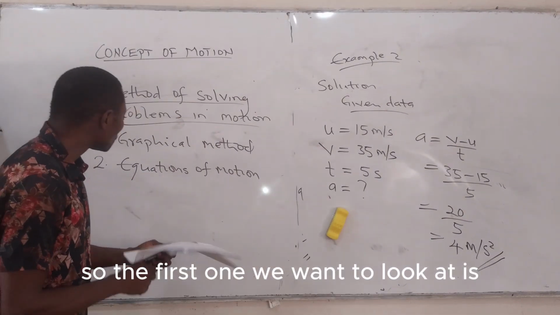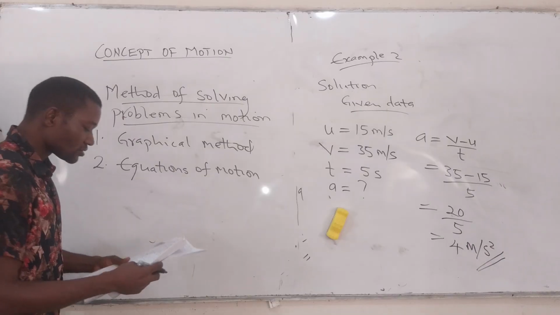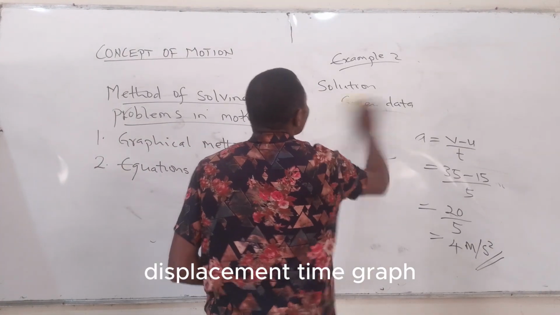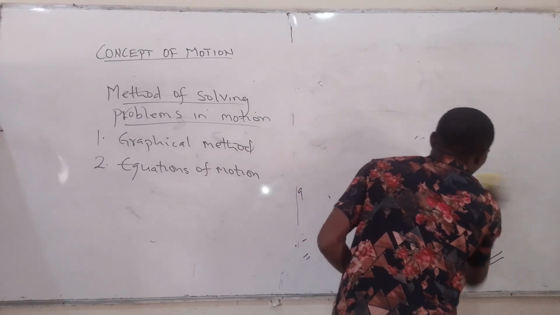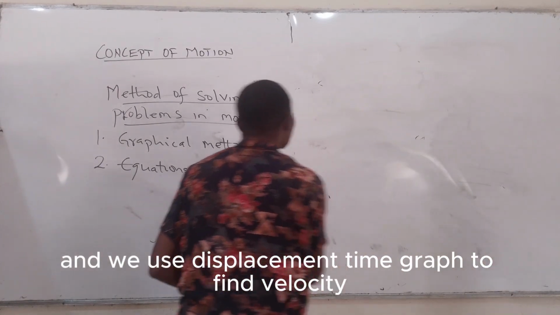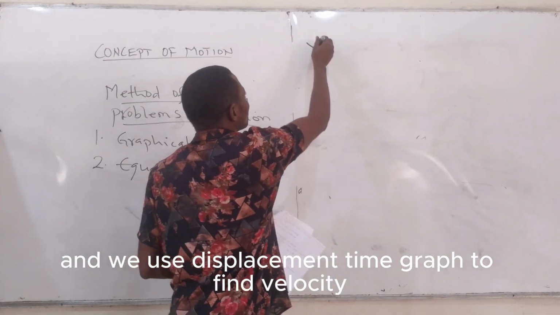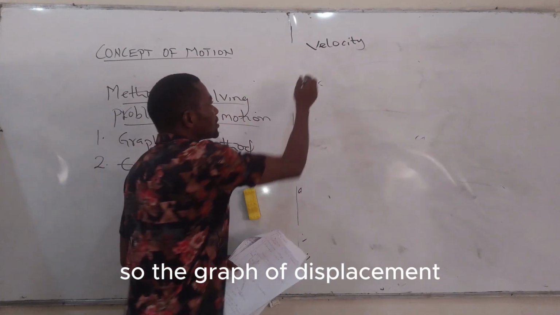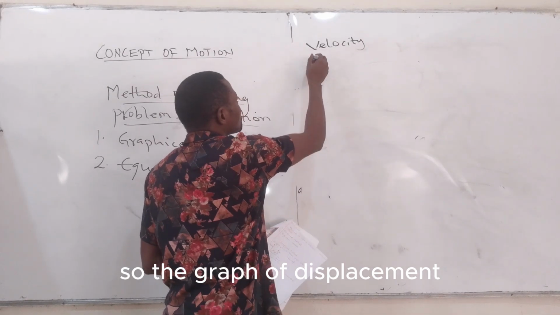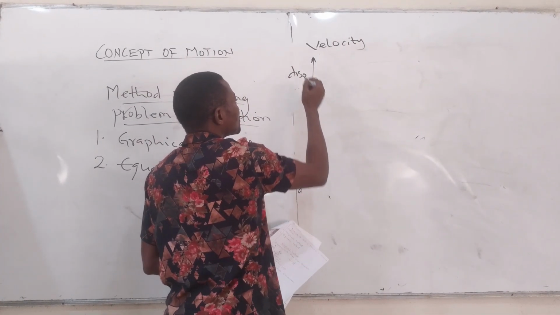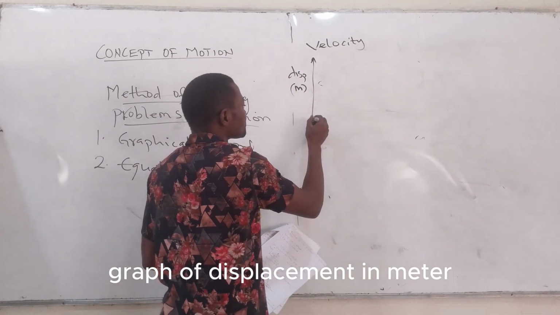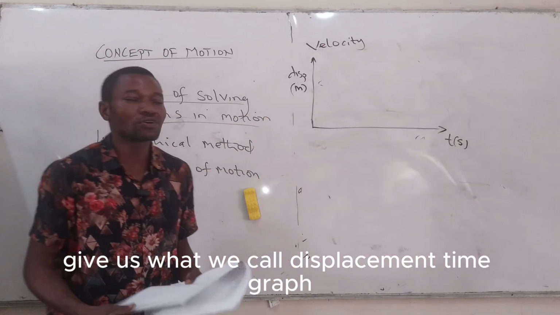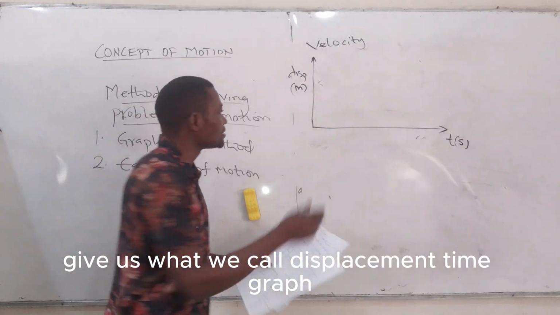So the first one we want to look at is the displacement time graph. We use the displacement time graph to find velocity. The graph of displacement in meters against time in seconds gives us what we call the displacement time graph.